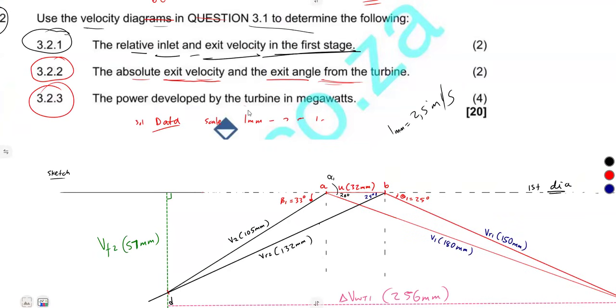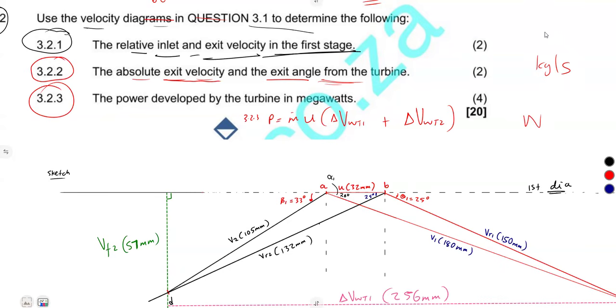Then the power developed by the turbine in megawatts. So remember, the power can be calculated from the mass rate, the blade velocity, then we're going to need the total wheel. So this is total wheel of the first and of the second. Since if we use the mass rate in kilograms per second, the answer is going to be what?